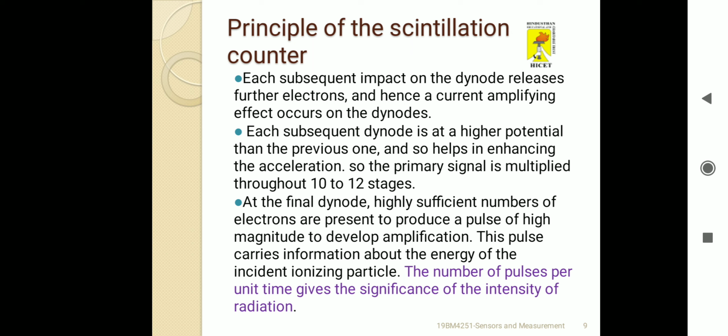At the final dynode, a sufficient number of electrons are present to produce a pulse of high magnitude to develop the amplification. This pulse carries the information about the energy of the incident ionizing particle. The number of pulses per unit time gives the intensity of radiation.